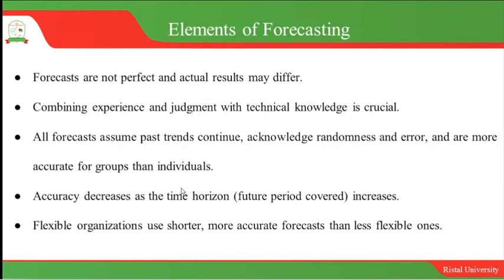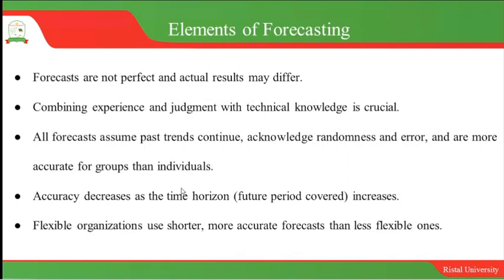And finally, when you talk about forecasting elements, flexible organizations use shorter and more accurate forecasts. So rather than forecast for 20 years where things are likely to change, we could do short-term forecasts.